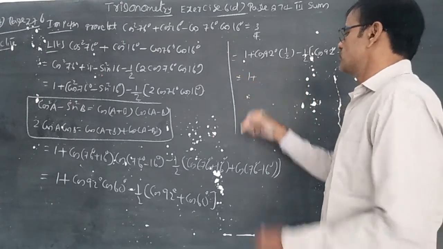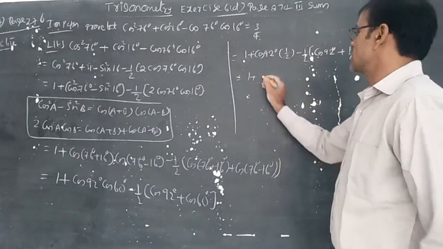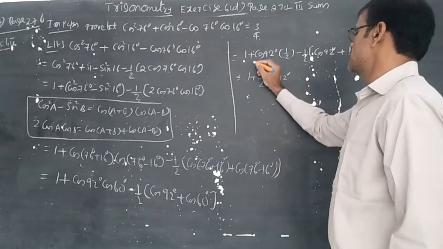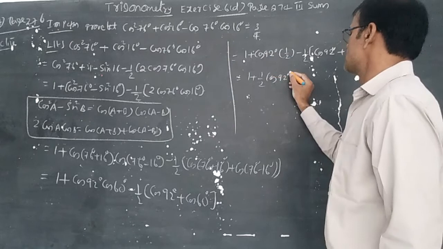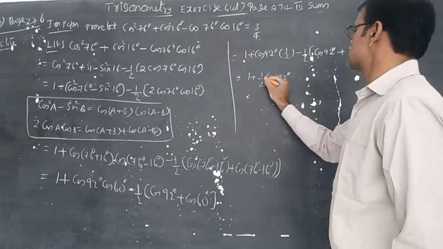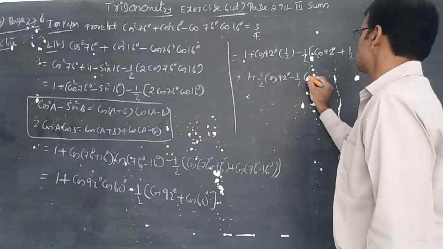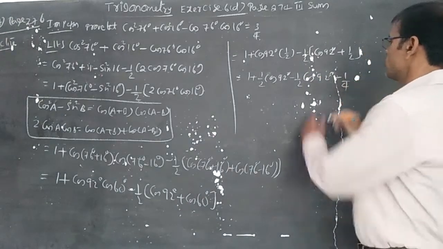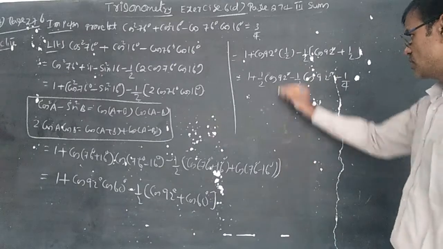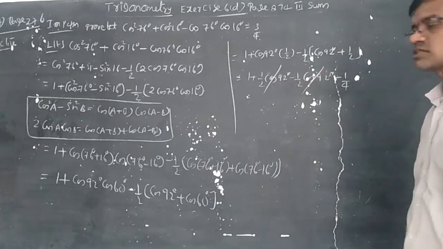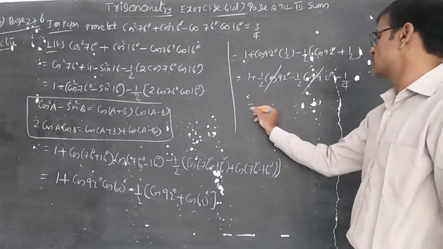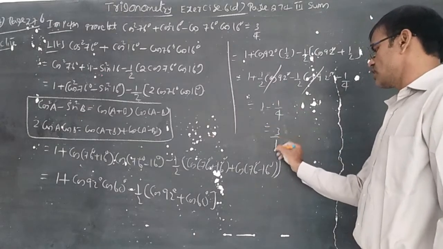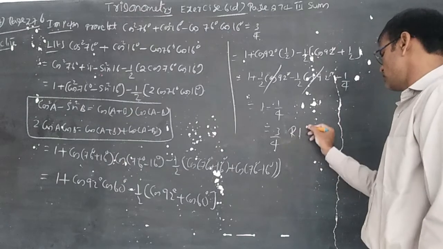That is 1 plus 1 by 2 cos 92 degrees, minus 1 by 2 cos 92 degrees, minus 1 by 4, because 1 by 2 into 1 by 2 is 1 by 4. Plus 1 by 2 cos 92 and minus 1 by 2 cos 92 get cancelled. Now write 1 minus 1 by 4, and by taking the LCM this is 3 by 4.